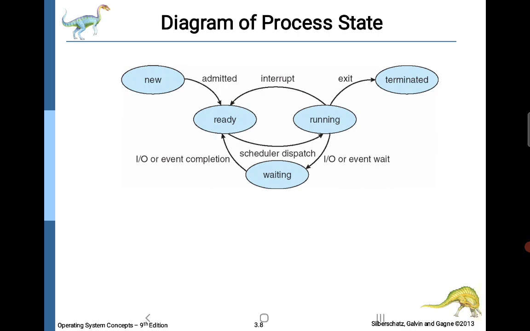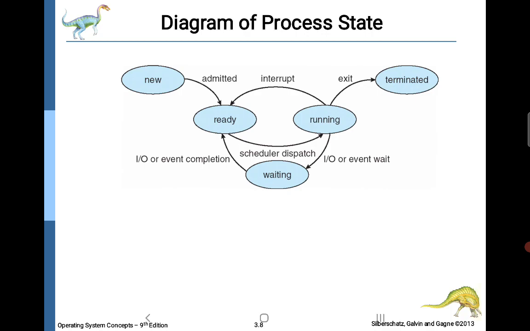So again, a process is new, loaded into the memory. When it's given all the resources it needs to be executing, it will be a ready process and it will be waiting for its turn to use the CPU. Granted the right to be executing, it will be a running process.